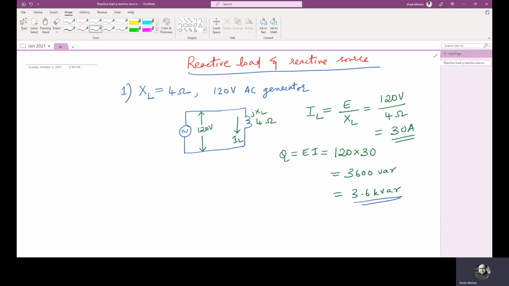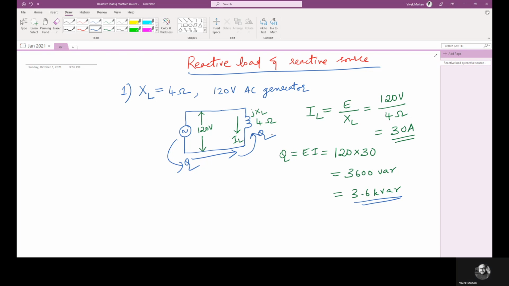It delivers 3.6 kVAR, and the reactive power Q flows from the generator to the reactor. So this is the flow of reactive power. This supplies the reactive power and this absorbs the reactive power. That is how we differentiate reactive load and reactive source.